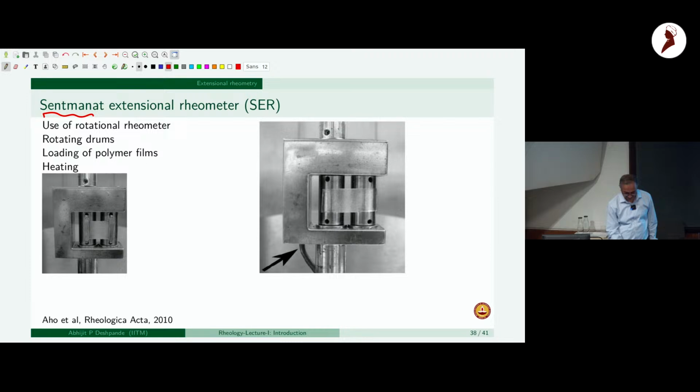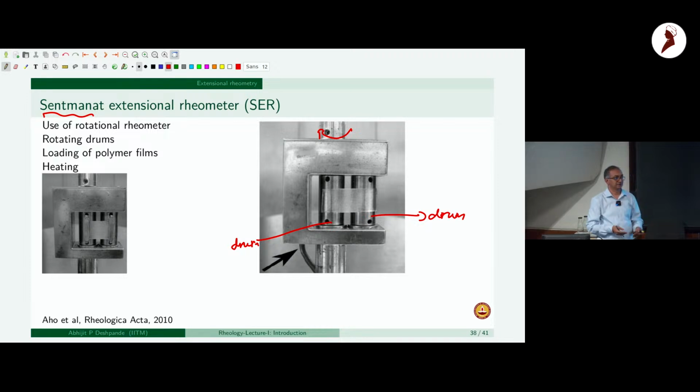Basically there are two drums, this is one drum and this is another drum, and you wrap your film around it and then raise the temperature so that it becomes molten, and then the drum is rotated. Because you have a rotational rheometer, this can be rotated, and because you are rotating it, you stretch. So you can measure torque and then the stretch.